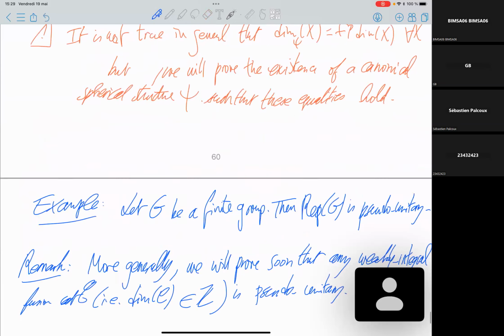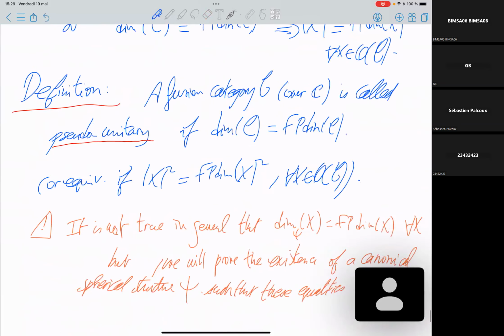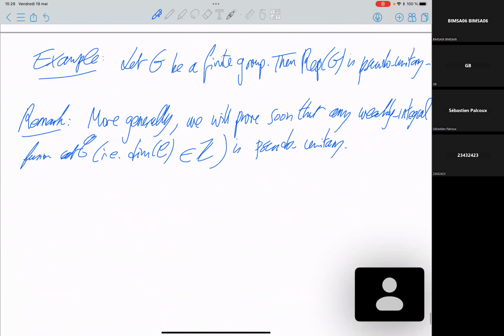So it is pseudo-unitary, so the categorical dimension is the Frobenius-Perron dimension, so it's an integer here.